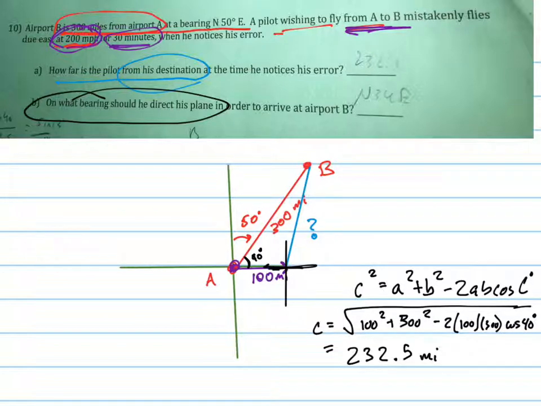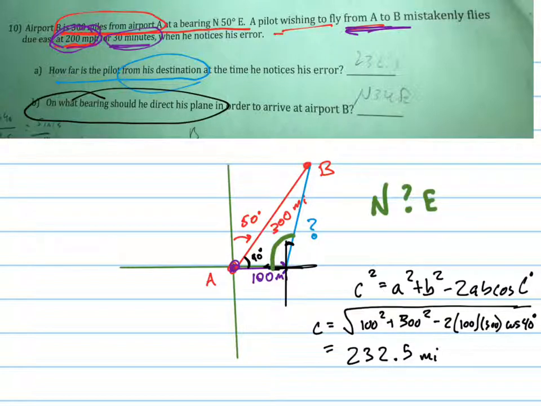We want to find this tiny little angle, and to find it we need this whole angle. We can use the law of sines to find that angle, and then subtract 90 from it. That angle would be north, whatever that small angle is, east. We'll get north 34 east.